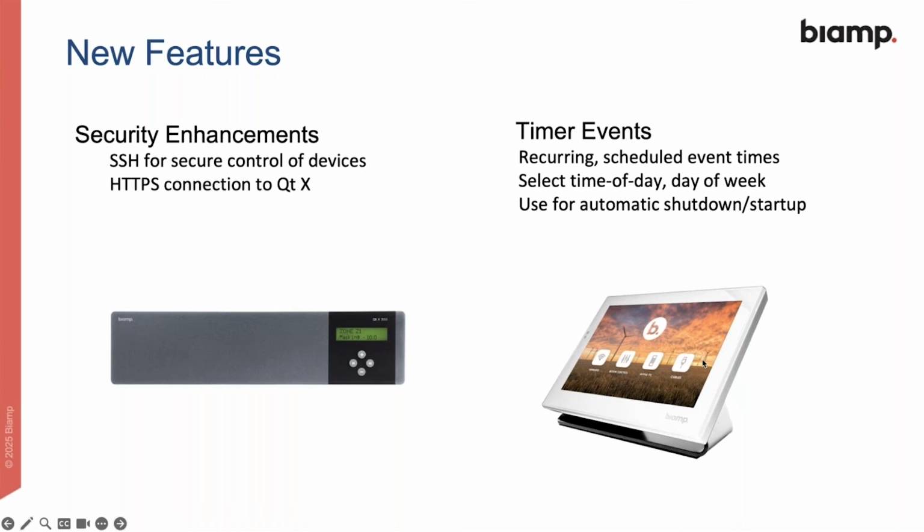Everything is drag and drop within the software. So when you select that option, there is a section where it'll ask you to drag and drop things that you want to happen at a specific time. Maybe you want the screen to come down, for example. You can just go to your screen driver and just select the screen down option, drop it on the timer event, and it'll trigger at the chosen time.